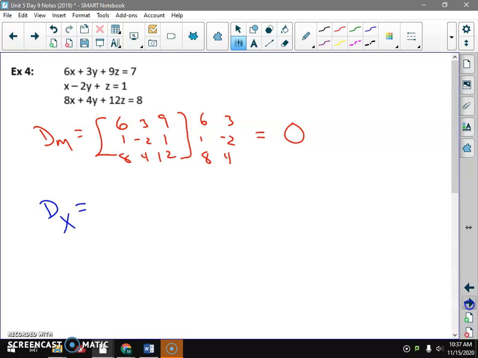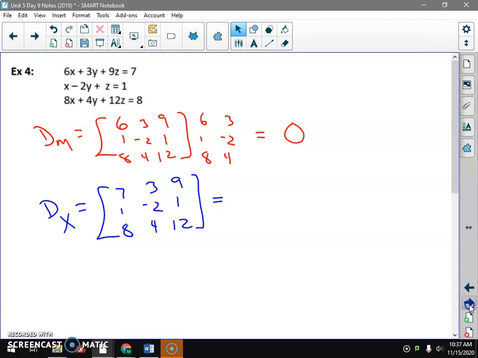What's x? Keep the y column, 3, negative 2, 4. Keep the z column, 9, 1, 12. Replace the x's with answers, 7, 1, 8. I might as well show something new, and I think we have just enough time. Pull up my calculator.